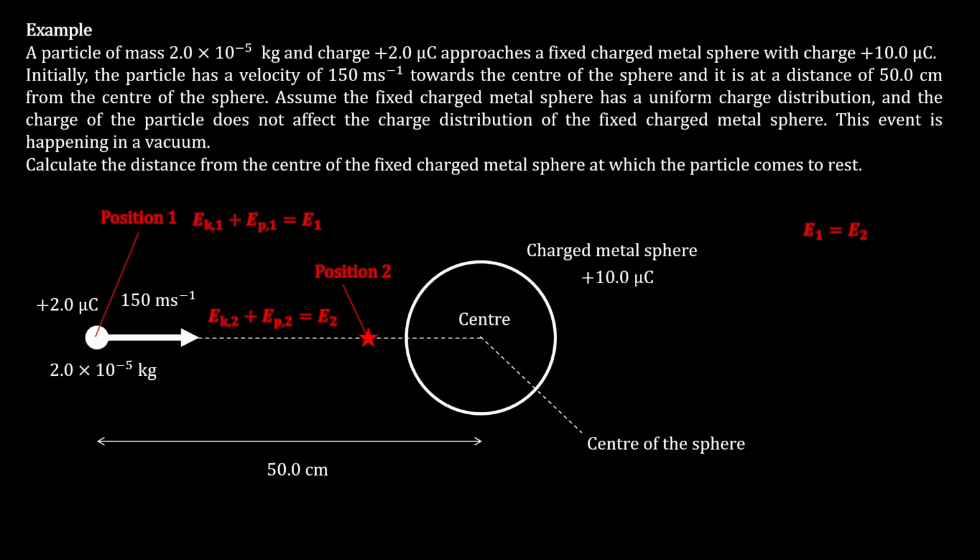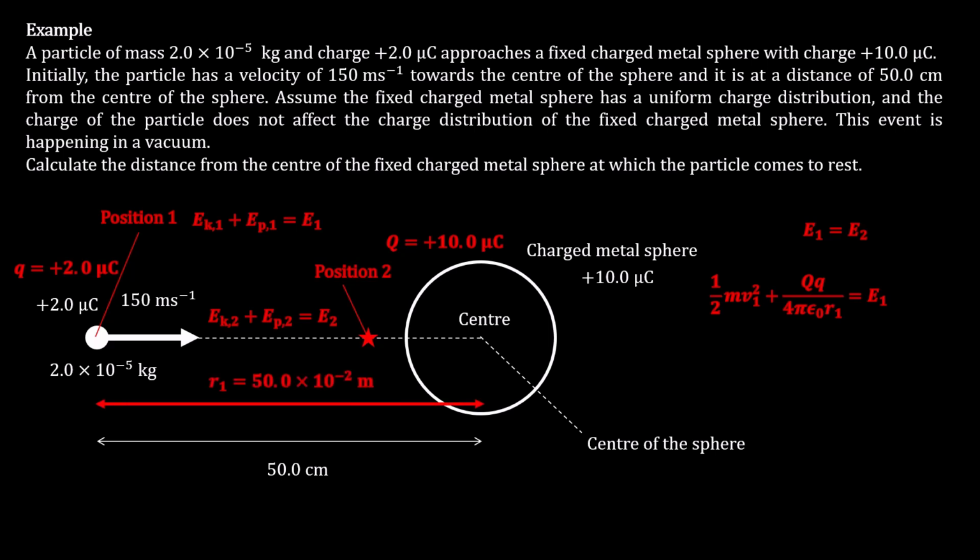First, we calculate E1, which is simply E1 = ½mv1² + Qq/(4πε0R1), where capital Q is equal to +10.0 microcoulomb, which is the charge on the metal sphere, and small q is equal to +2.0 microcoulomb, which is the charge on the particle.